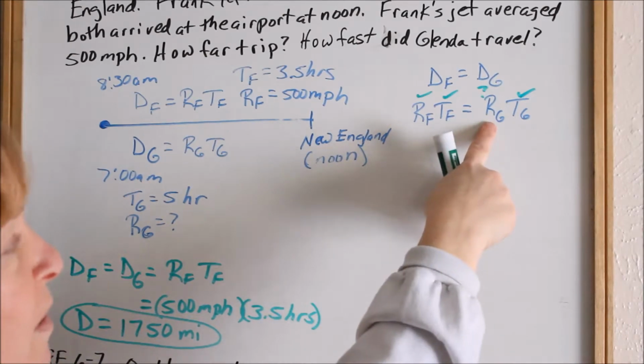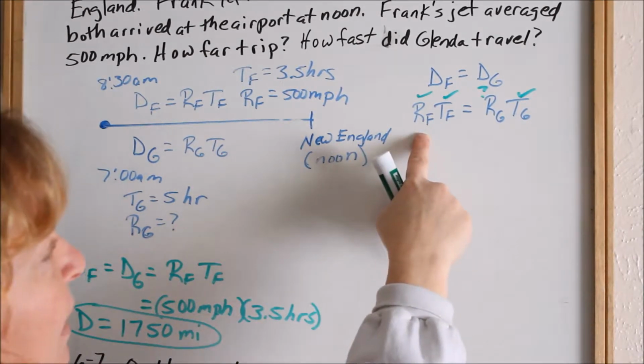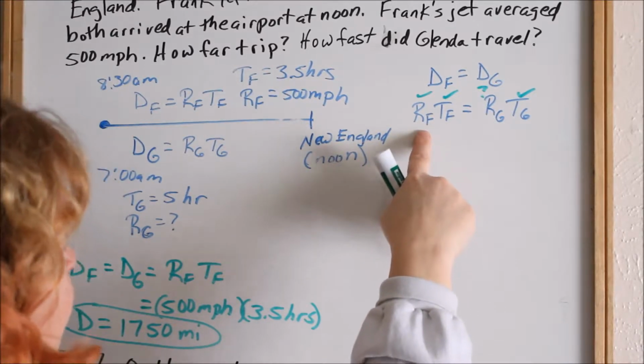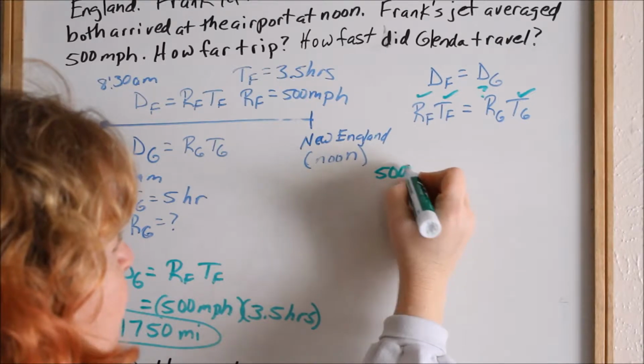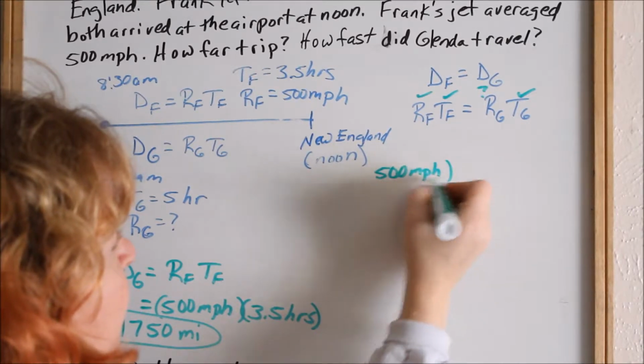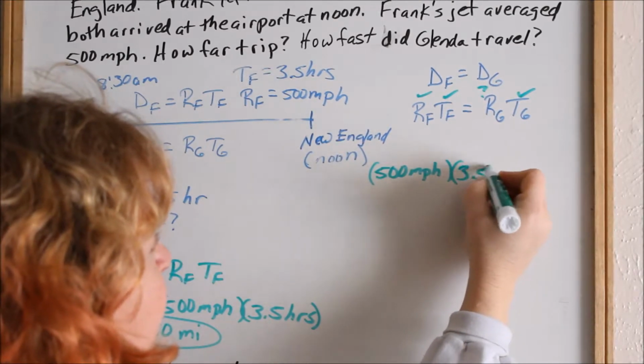So there's only one unknown in this whole equation, so I can fill in all what I know. So Frank's rate is 500 miles an hour times Frank's time, 3.5 hours.